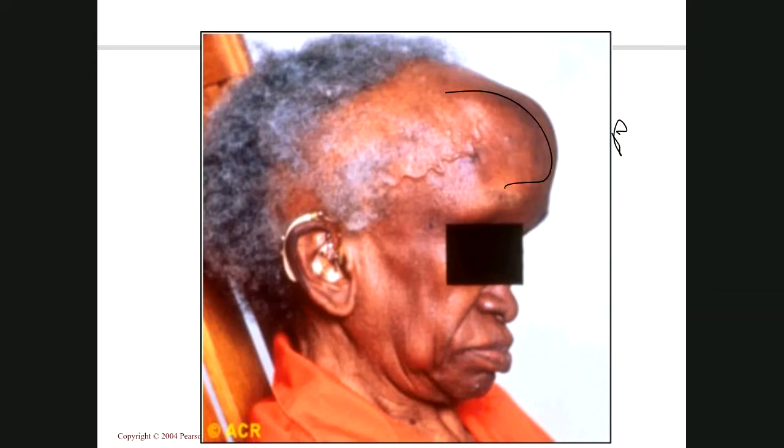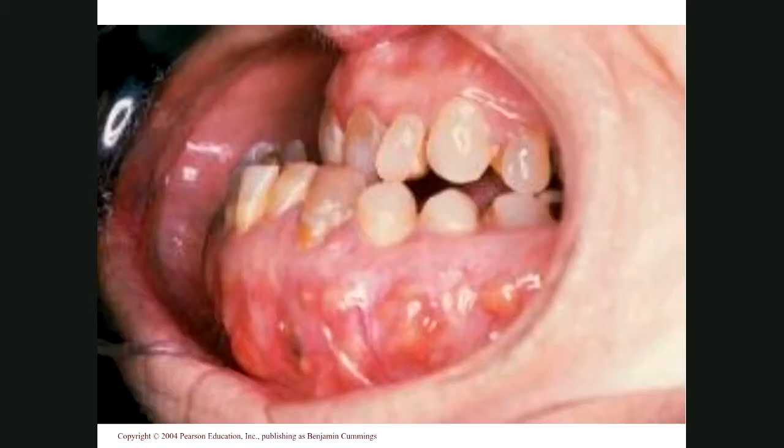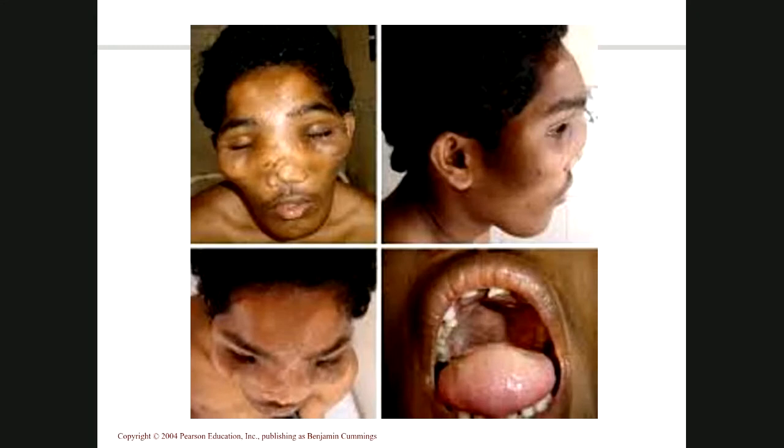This guy also has Paget's disease. So look at this malformation. And look what the inside of his mouth looks like. Malformation. This person has Paget's disease. Look at this area here and here and here, and then also in the mouth. And then this person died, and they kept his skull.